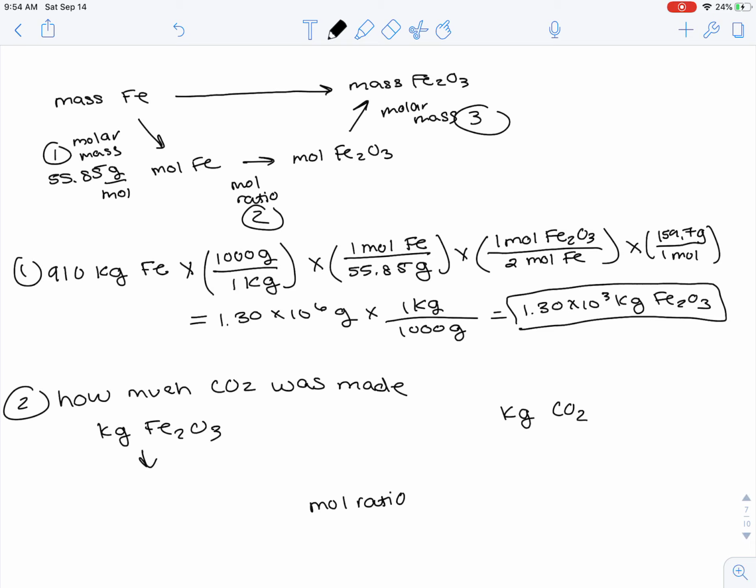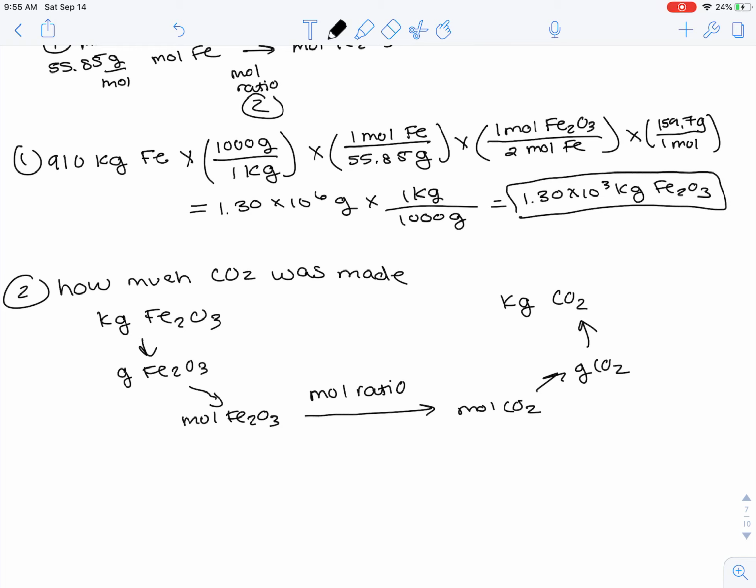But this time again, you first go to grams using prefix conversion, then moles of iron(III) oxide, so that you can then go to moles of CO2 using mole ratio, grams of CO2, and then kilograms. Now you start with your 1.30 times 10 to the third kilograms, or you can just use your 1.30 times 10 to the 6th grams because you already have that conversion to save yourself a step.